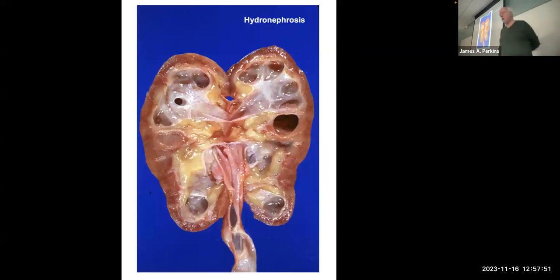You probably all noticed some of your kidneys had a lot of cysts in them. Sometimes these result from blockages of different parts of the kidney.